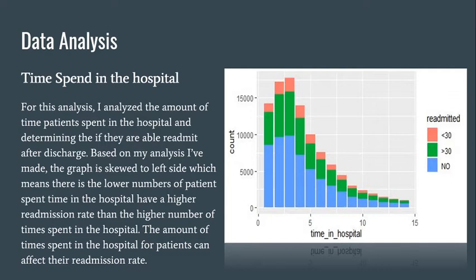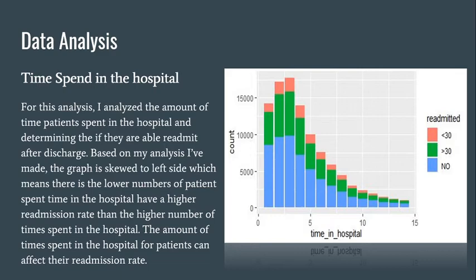What I found interesting is that some of the lower numbers, like 1, 2, and 3 have a higher readmission rate, while the numbers from 5 through 10 have a lower readmission rate. So I thought that was really interesting.